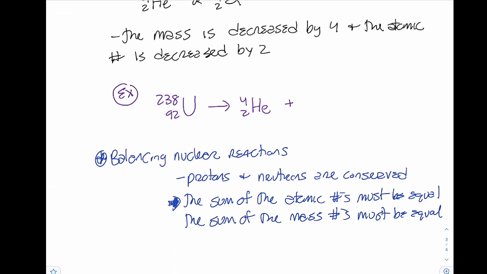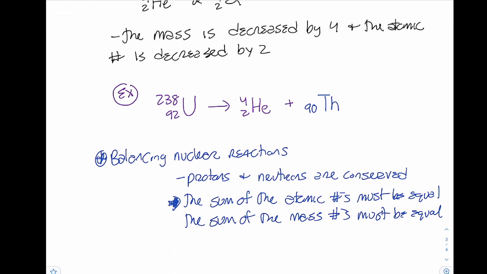To make that sum equal, I have to have a 90 here, because 90 plus 2 equals 92, and I need the sum of my atomic numbers to be equal. I'm then going to look at the periodic table, find 90, and write down that symbol. So in this case, Th, that's the one we're matching to 90.